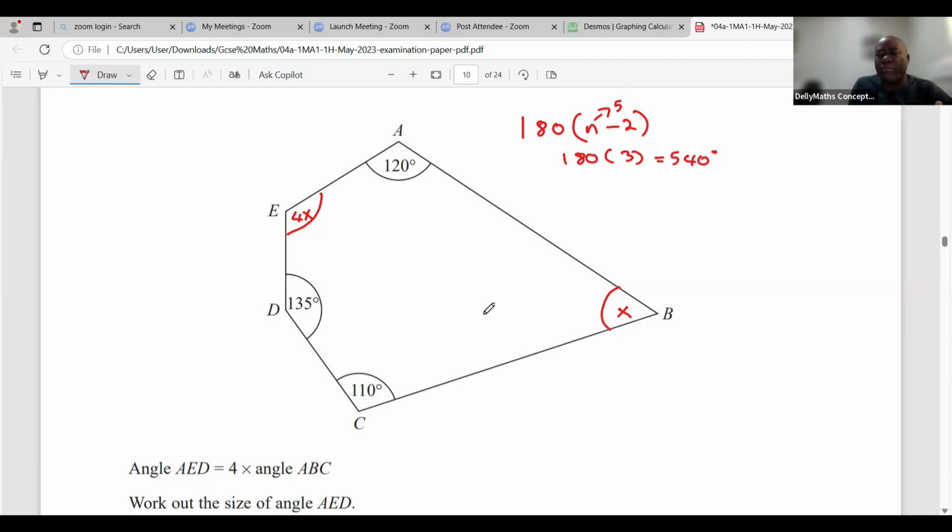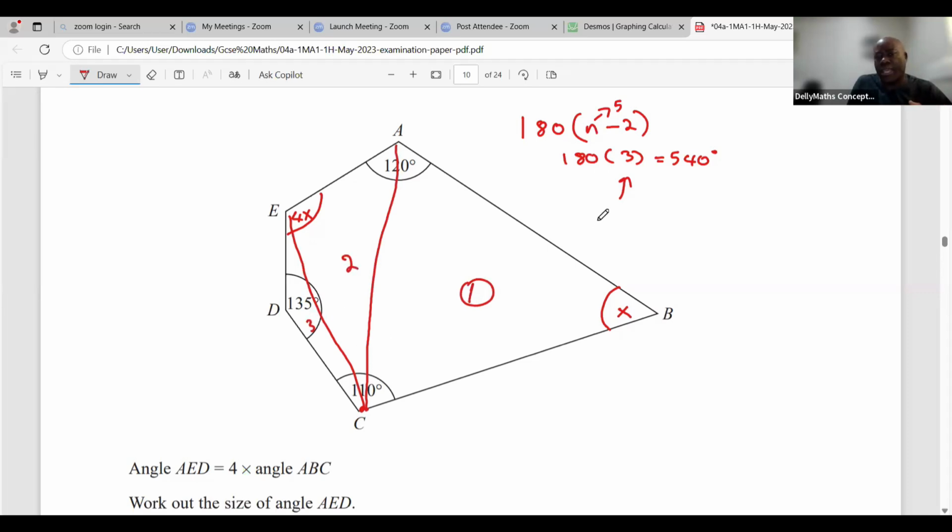If you're wondering where that formula came from, it's basically from this. If you could stand at any one point in this pentagon and try to create as many triangles as possible, you will get 3 triangles from a single point. For example, if I stand at C, I could get a triangle if I go towards E, could get another triangle if I go towards A. And then when you count up the number of triangles, you would end up getting 3.